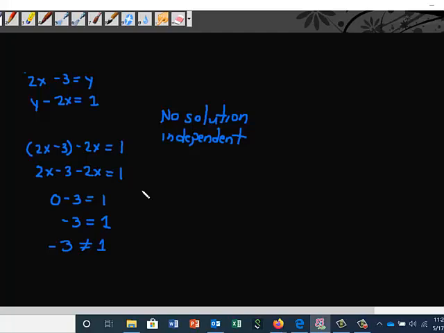Another way to understand is if you have a system with the same slope, then you know automatically that the lines will be parallel. However, it may not necessarily mean that there is no solution, because the intercepts or whatever values you get on one side of the equation as opposed to the other side may or may not equal one another.